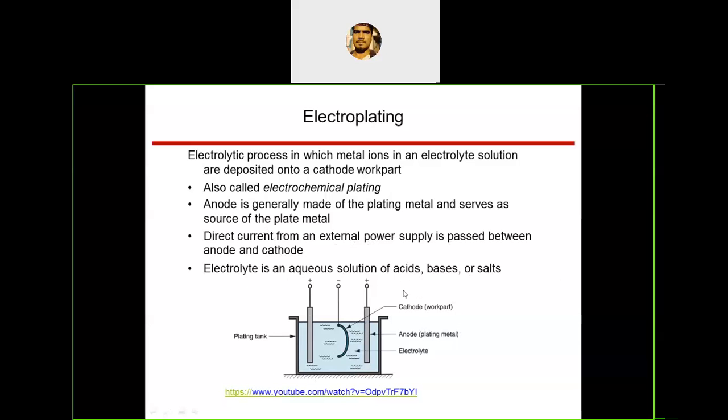Once you supply the electric power, the positive ions start dissolving in the solution and move towards the negative one. The electrolyte solution may be acid based or salt based.